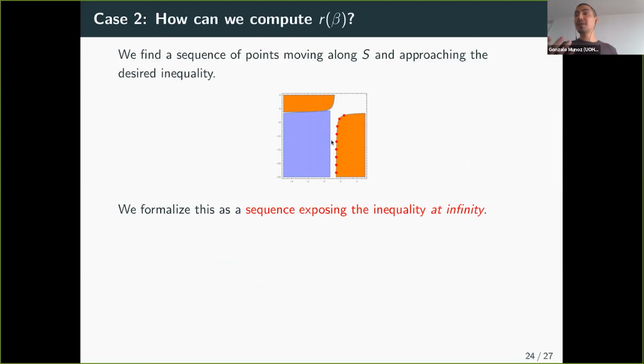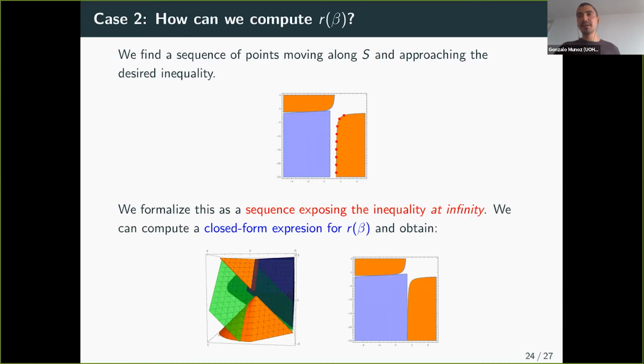And we actually formalize this as an extra layer of our maximality criterion, which is no longer an exposing point. We call this an exposing sequence at infinity, because it's approaching the inequality, but it never touches the inequality. Okay, so it's different than the exposing point. And with that, we were able to get a closed form solution for the R beta of this gap that we need, and we get actually the maximal S3 set.